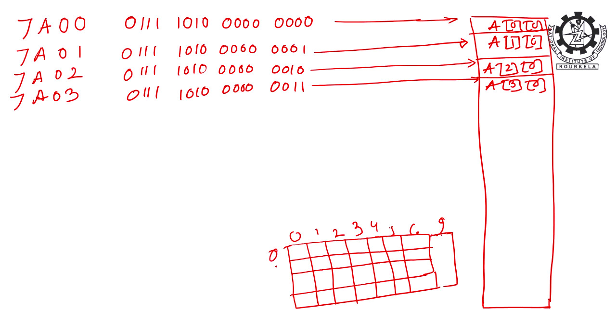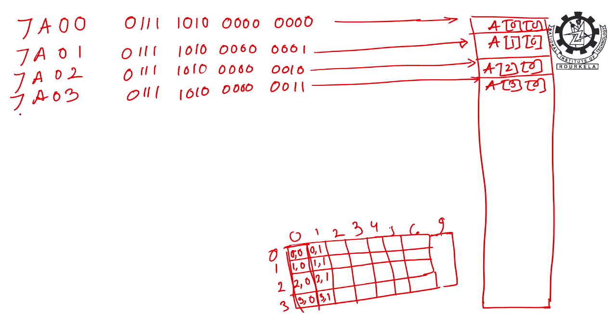So, this will be 0 1 2 3. So, it is column order, means this column. What is that? This column. This is 00. This will be what? This is 10. This will be 20. This will be 30. Next, this will be 01, 11, then 21, then 31, right.